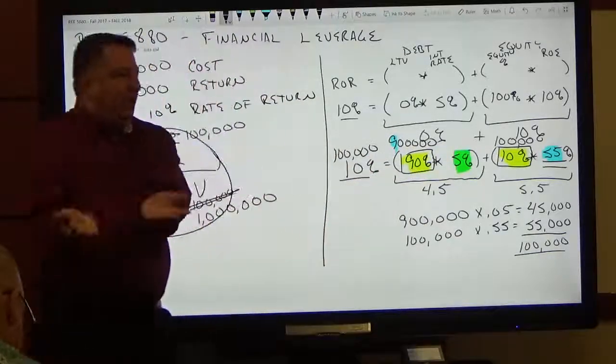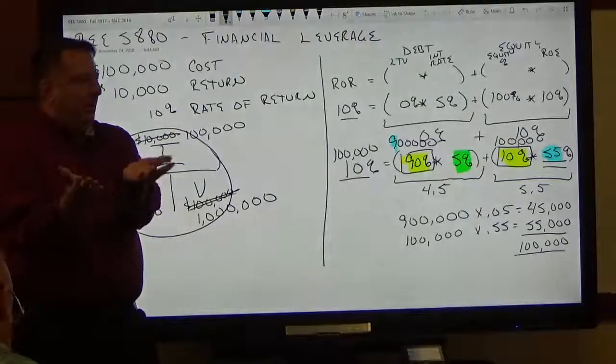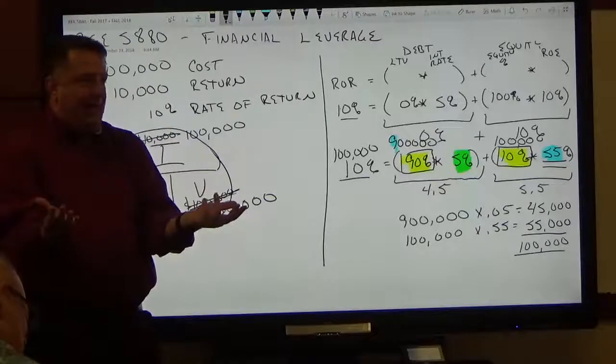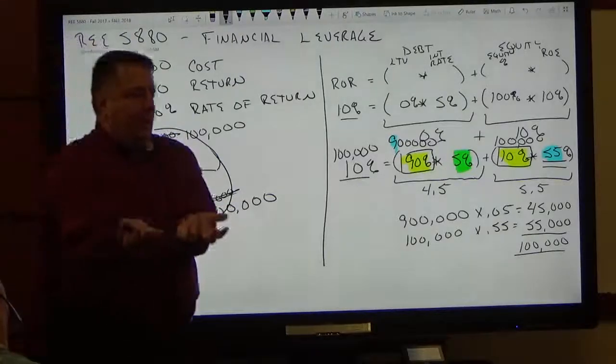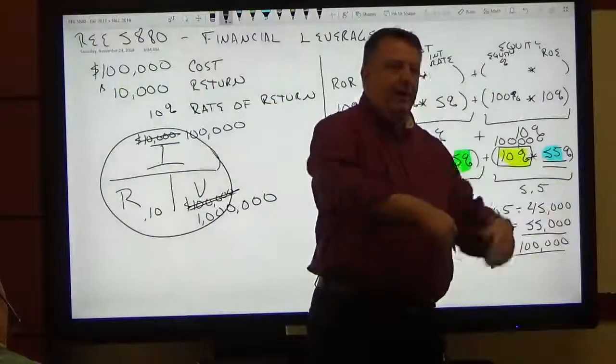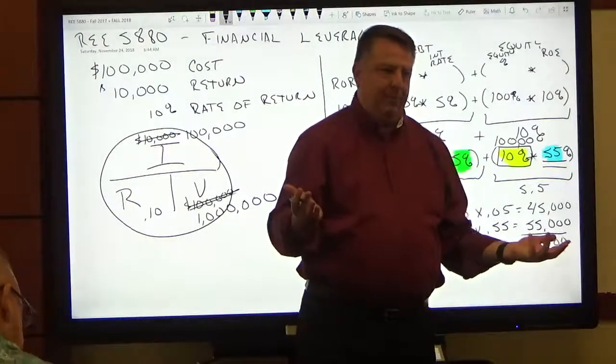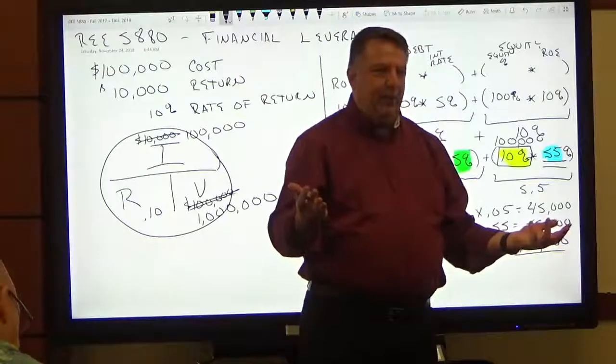So you're using $100,000 cash to generate initially only a $10,000 income stream. You're using that same cash over here, but you're generating a $55,000 income stream. That is a much better deal, okay?